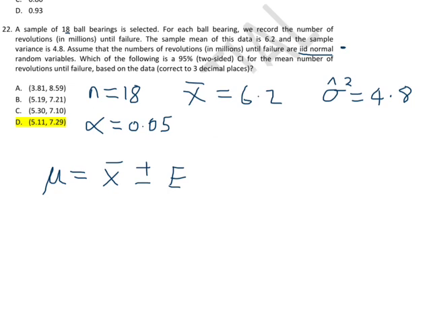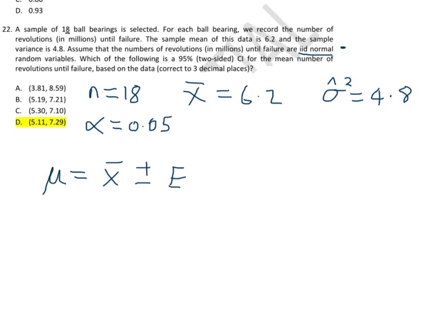This one's a t distribution. It is normal, so I'm pretty sure we're going to be able to use this, but let's look at the conditions given. The validity is when n is greater than 30 or the distribution is normal. The fact that the distribution is normal means we can use this. If it was non-normal, we could still use this as per the central limit theorem. Basically, the underlying distribution doesn't matter at all if the sample size you take is big enough each time.